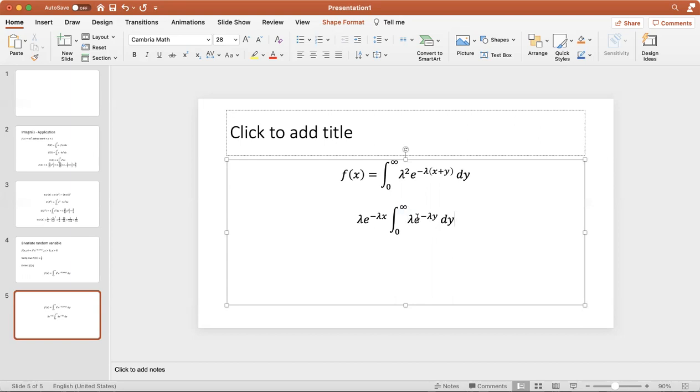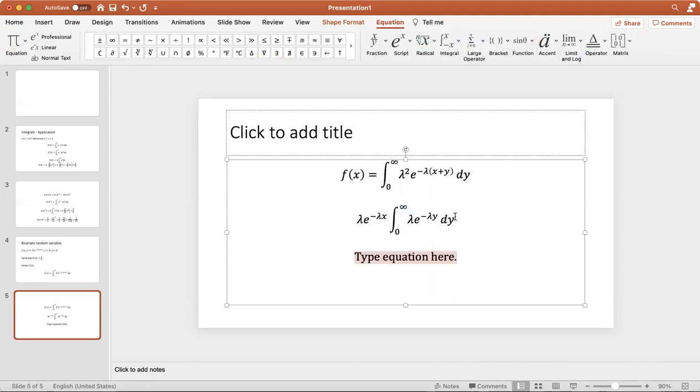So you have lambda e raised to negative lambda x, times e raised to negative lambda y, evaluated between 0 and infinity, with a negative sign.